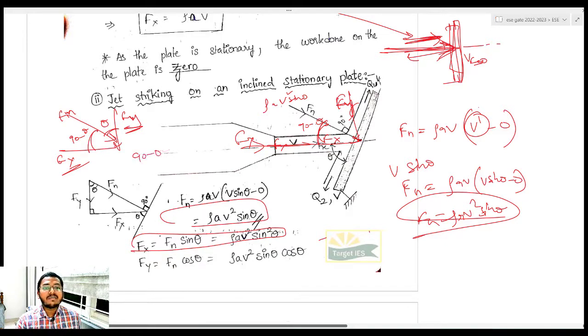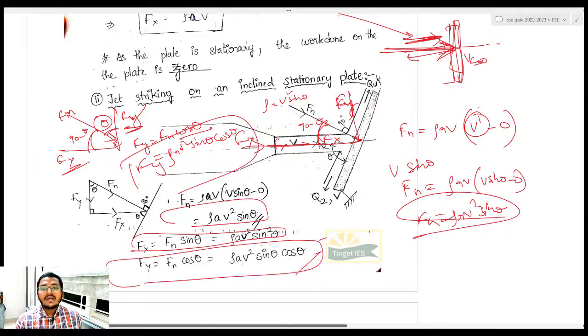Because 90 minus theta plus theta should become 90 degrees. Agreed or not? So I know that this angle is theta. Can you tell me what will be Fy value? Fy value will be nothing but Fn cos theta. So Fn is rho A V square sin theta into cos theta. So this will be my Fy value. I hope it is very clear, right?